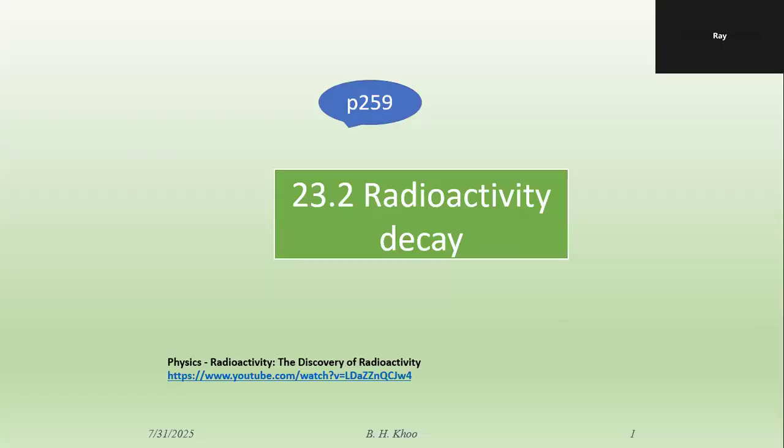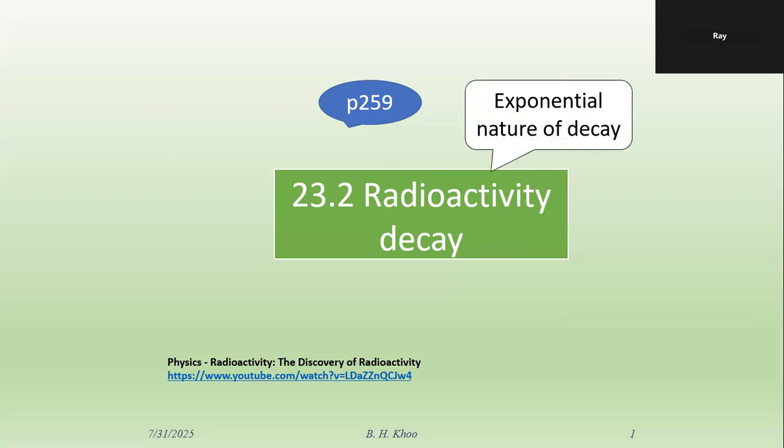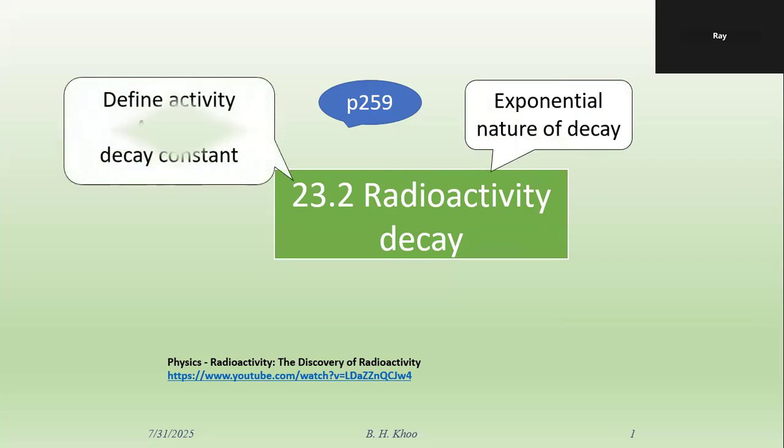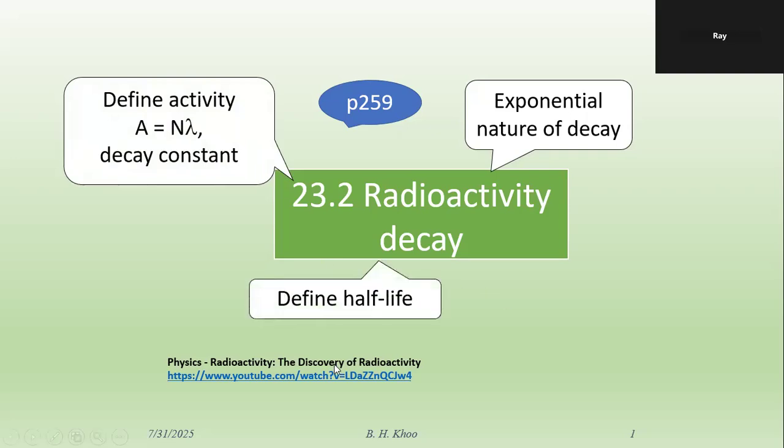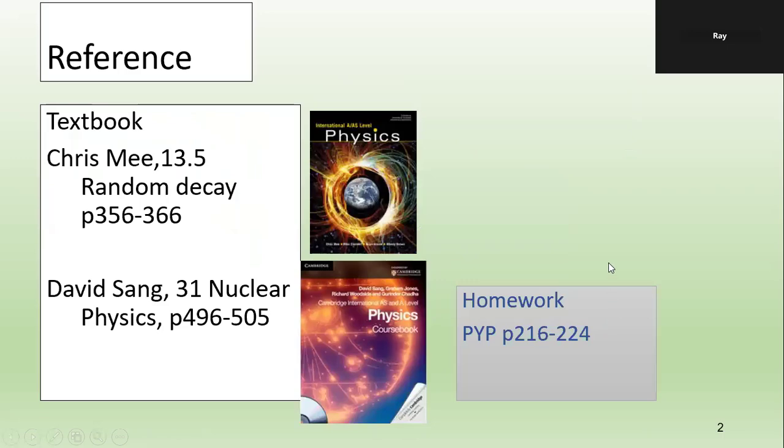Okay, can you see the slide? Yes, I can see the slide. Radioactive decay: exponential nature of decay, define activity, decay constant, define half-life, the relationship between half-life and decay constant. Don't worry about all that.